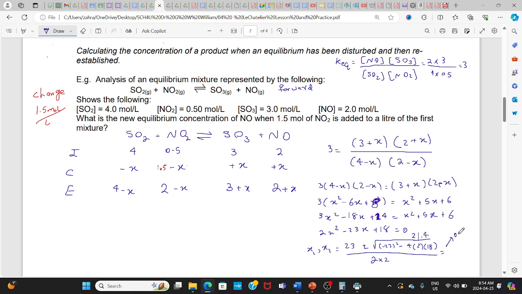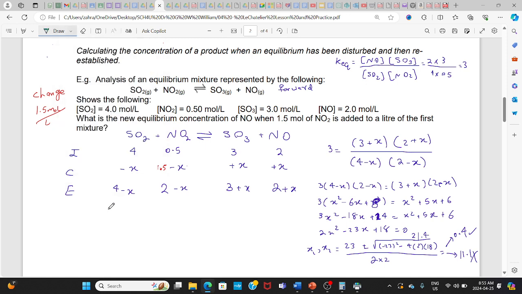One of the answers is 0.4. Another answer is 23 plus 21.4 divided by 4, which is going to be 11. Of course, the 11.1 is not going to be acceptable because 4 minus 11.1 would give you a negative, and 0.4 will be accepted.